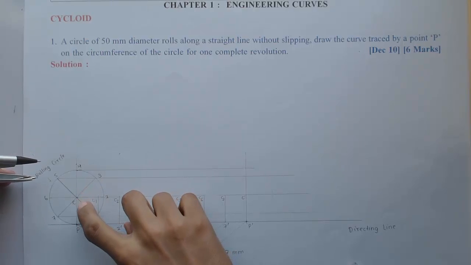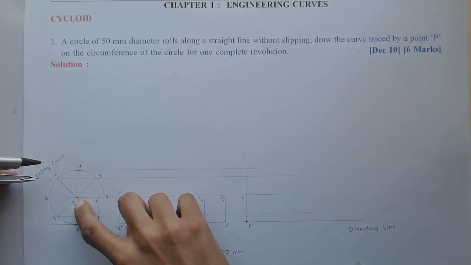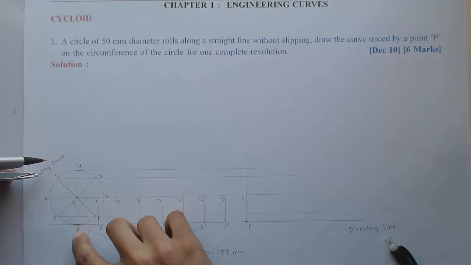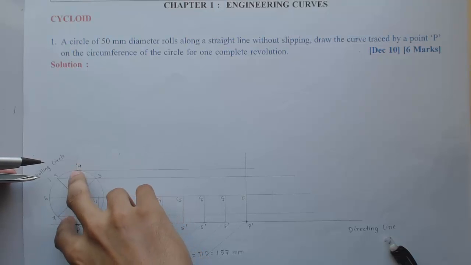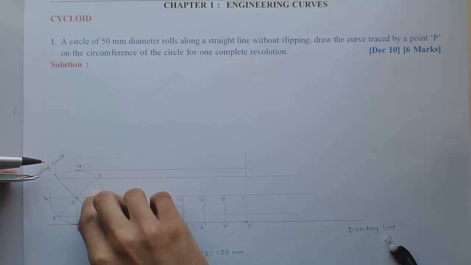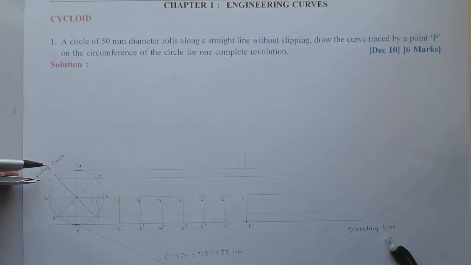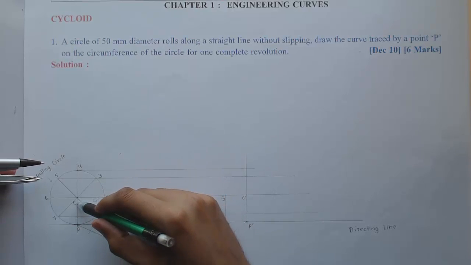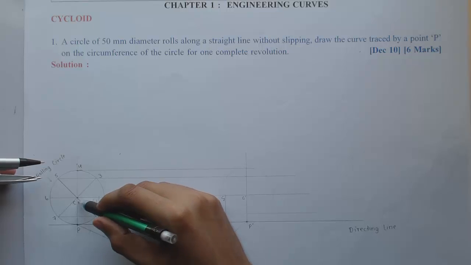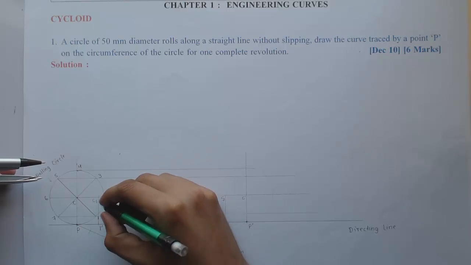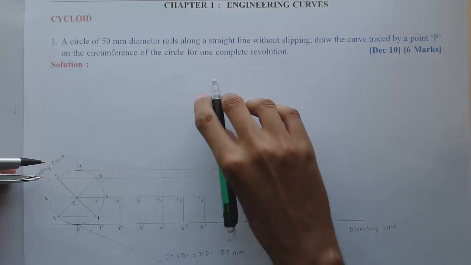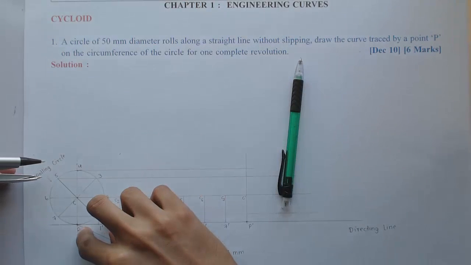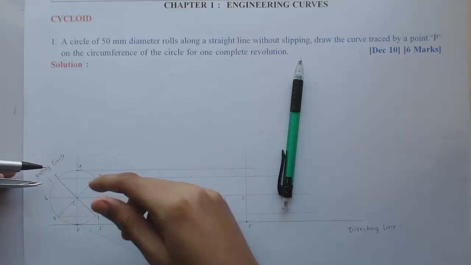When the center has shifted after 1/8 division from C to C1, the position of P is going to change. That means if the circle is rolling like this, P is going to move upwards. For marking that new position of P corresponding to C1: the original position is P, but when the circle has moved by 1/8 division with the new center, I have to mark the new position, which will be P1.